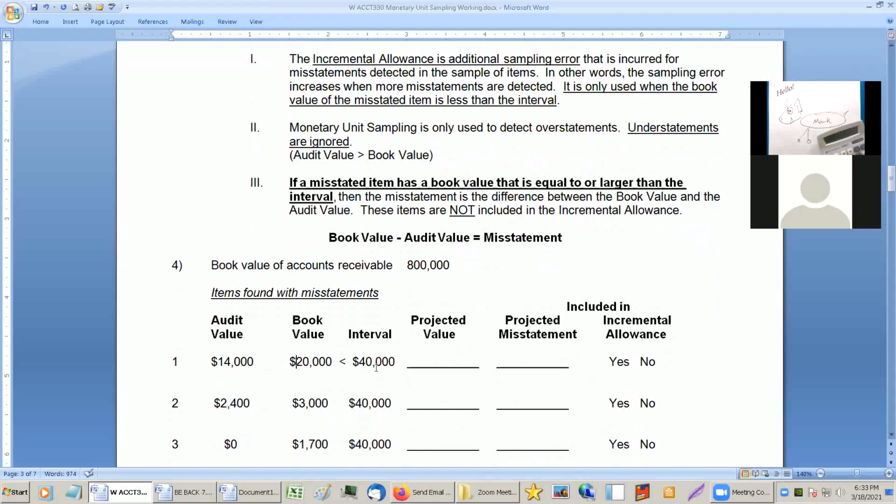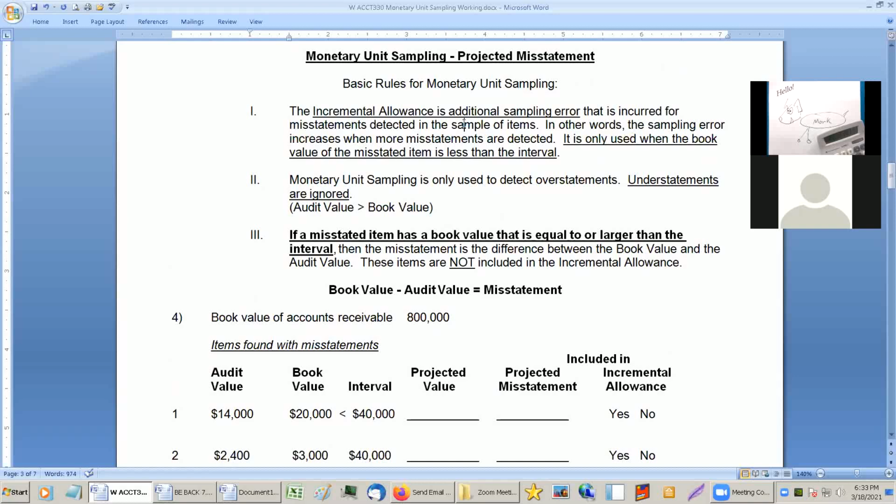That means there could be more things misstated in that $40,000 interval than just this one item, because there's more dollars left in that interval. There's still another 20,000 left that is not this item, it's something else. So because of that, there might be additional error in it.